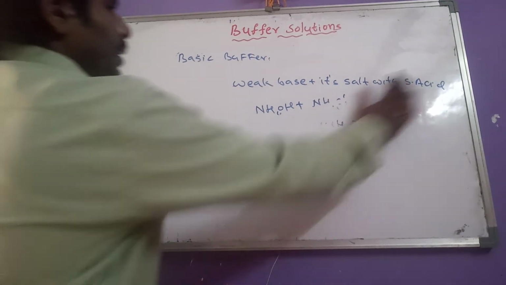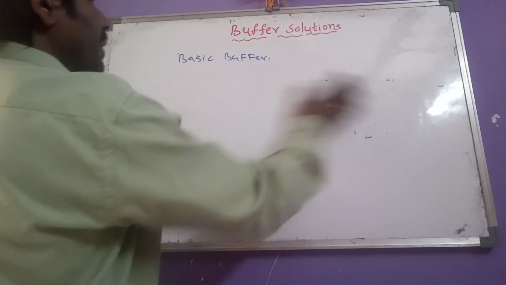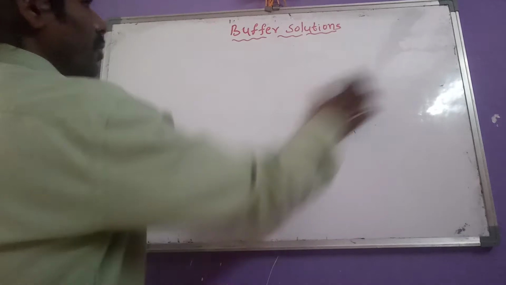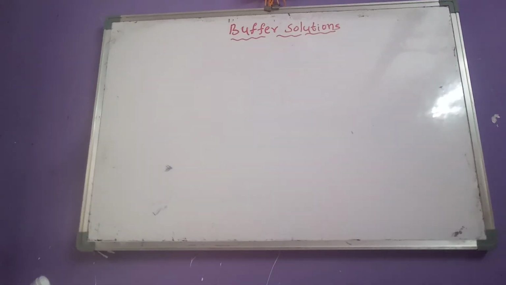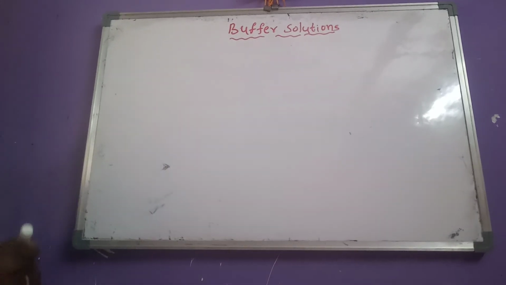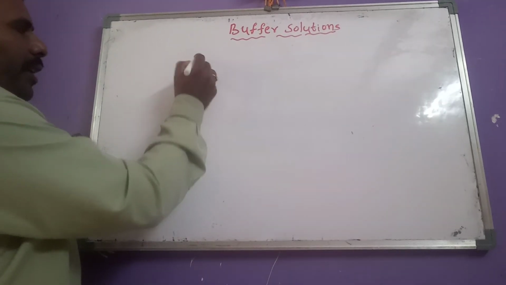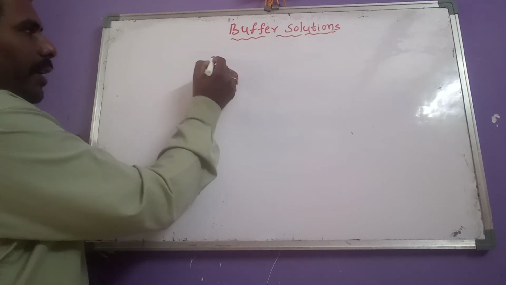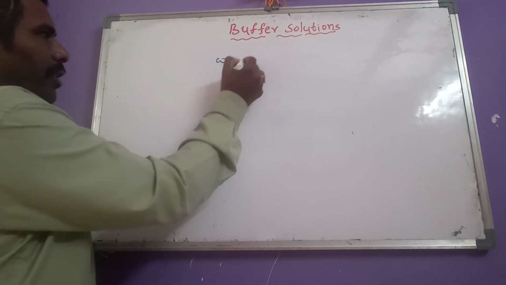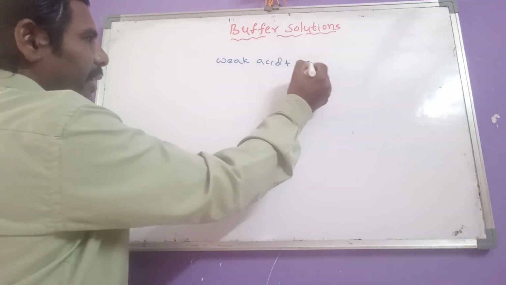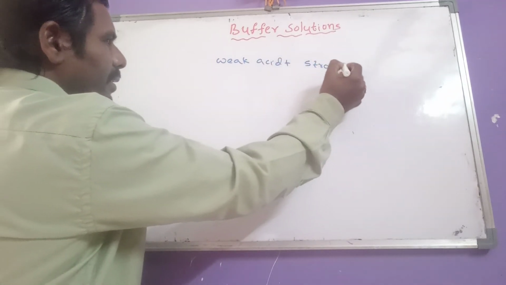Now what are the questions let us get regarding preparation of buffer solutions? Let us see here. First question related to acidic buffer. See here. If you want to prepare an acidic buffer, we should have which one? Weak acid and here strong base.